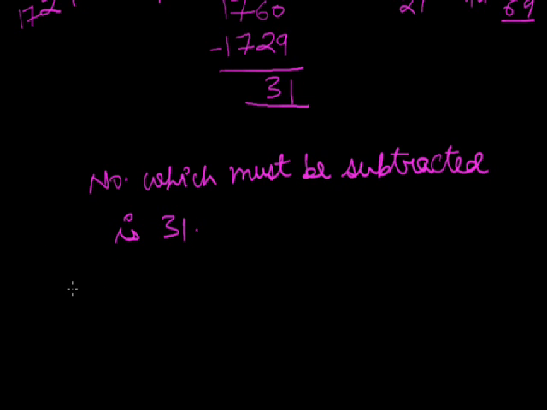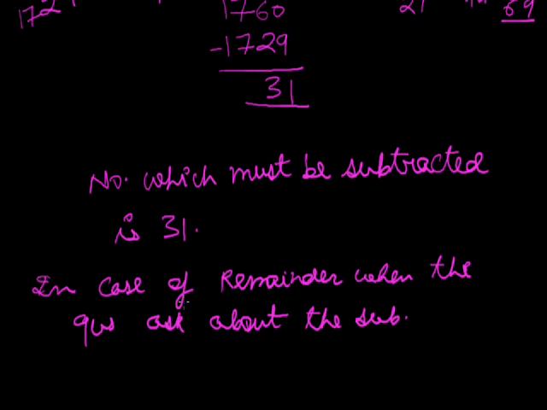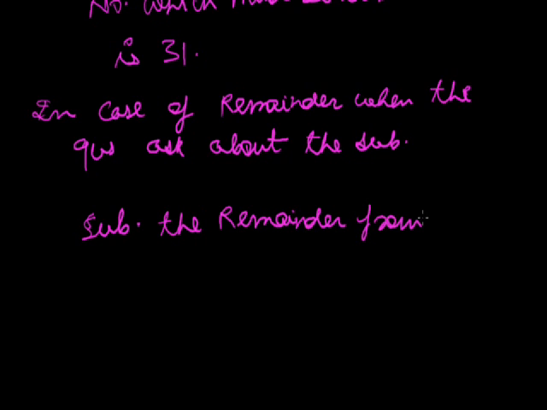So in case of a remainder, when the question asks about subtraction, always subtract the remainder from the dividend.